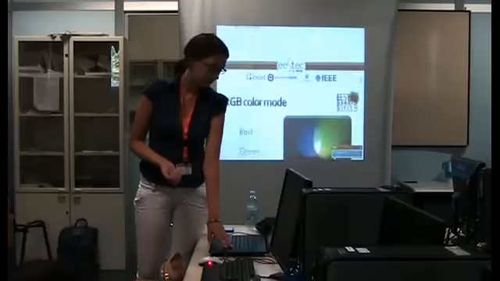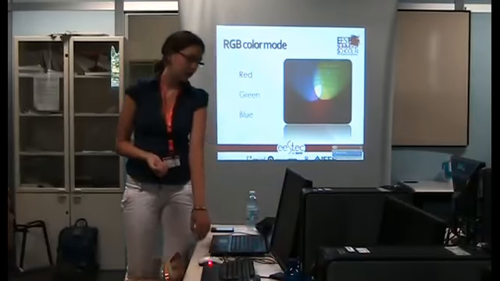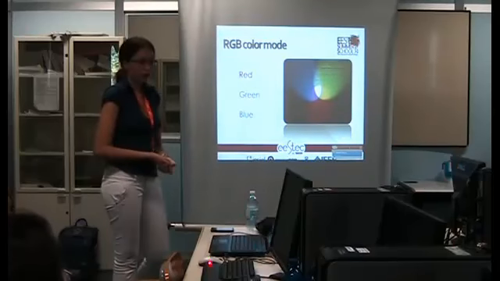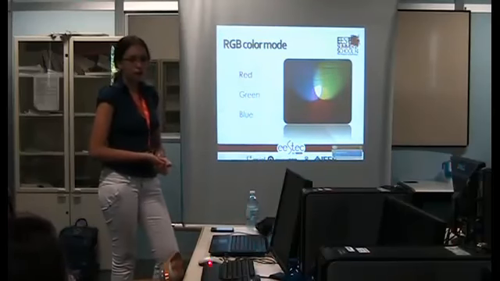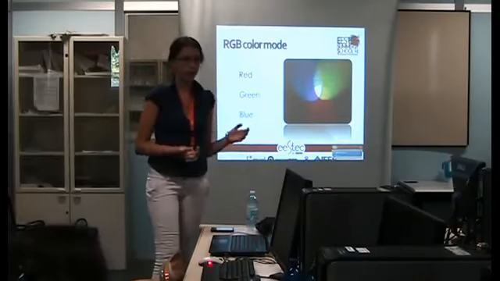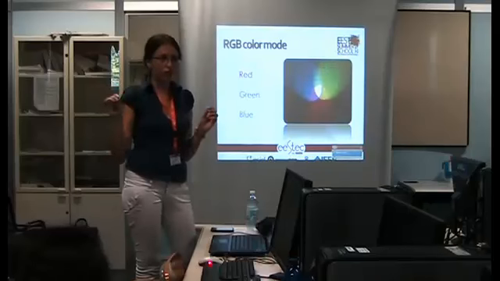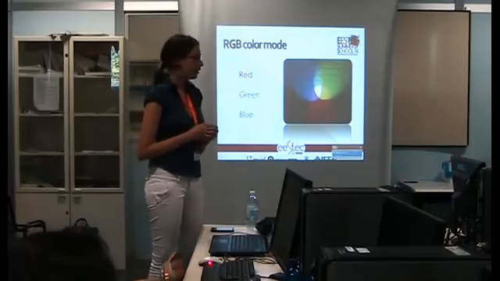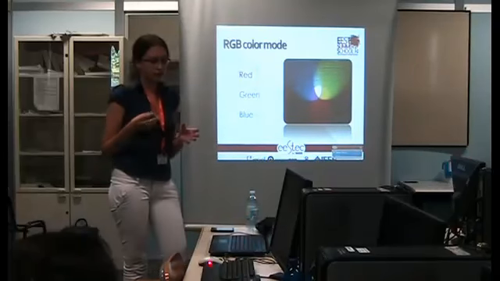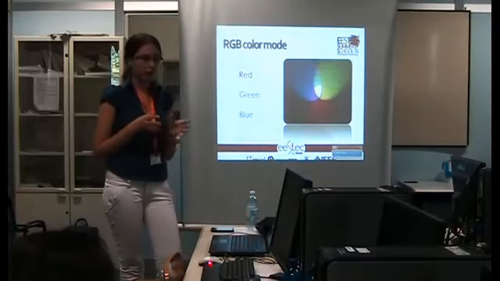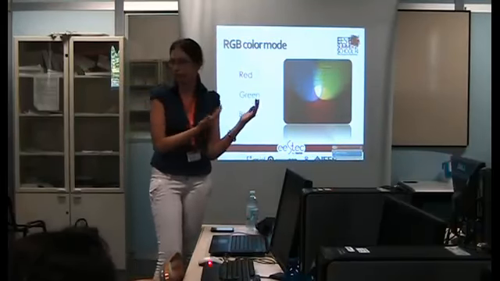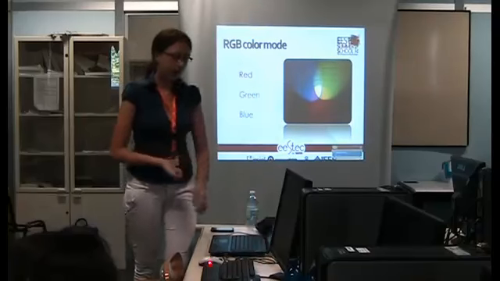For starters, the RGB color mode is a screen presentation mode. At the start you have a black screen with all those little pixels, and each pixel contains a color. When you light up all the pixels, you get white. So it starts with black, and when you add all of the colors, red, green, and blue, you have white.